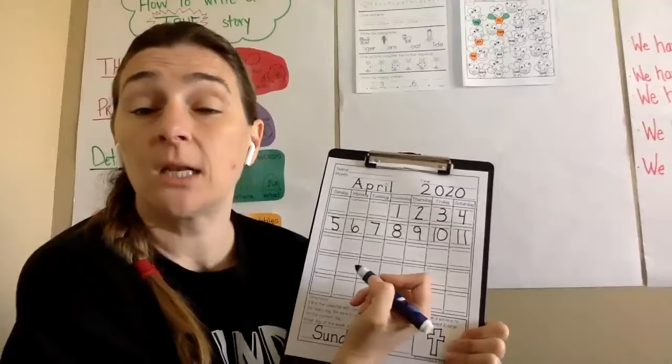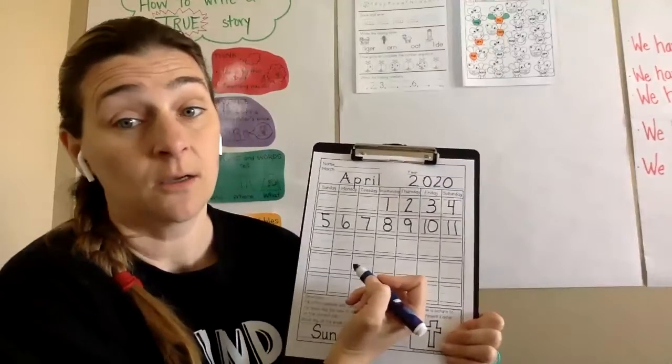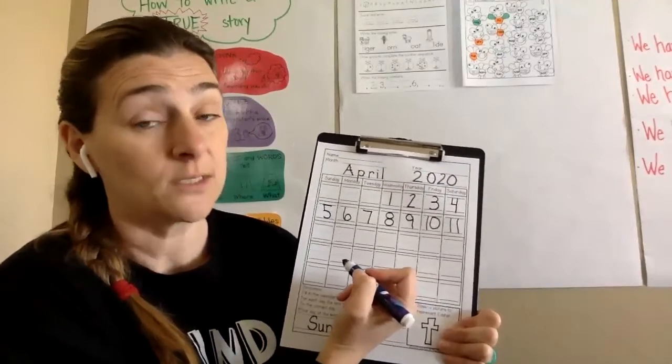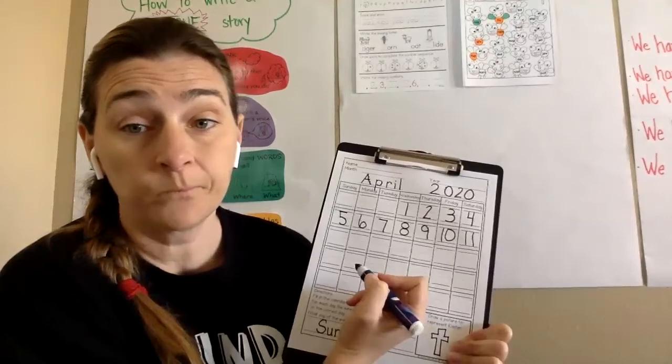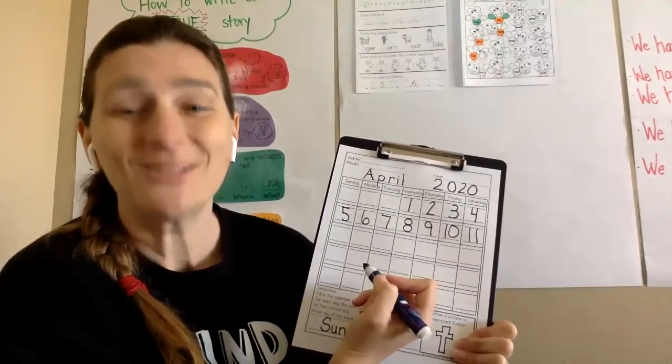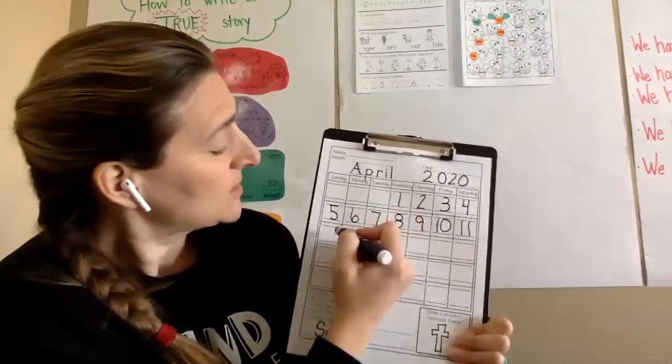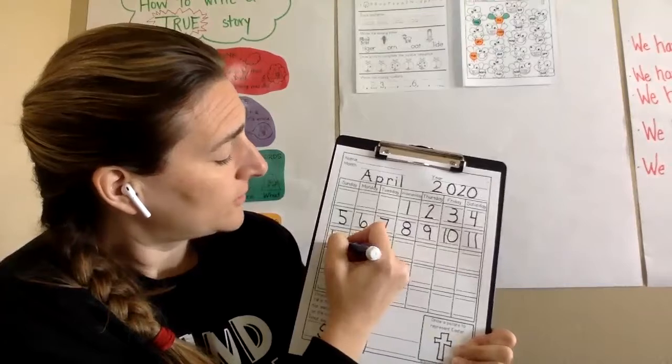So then we need to go to the next row and write what comes after 11. What does come after 11, friends? 12, good job. So then we're going to write 12.